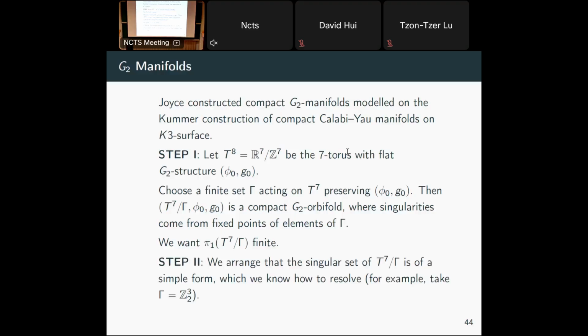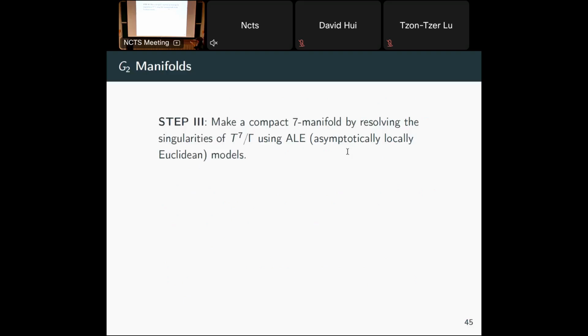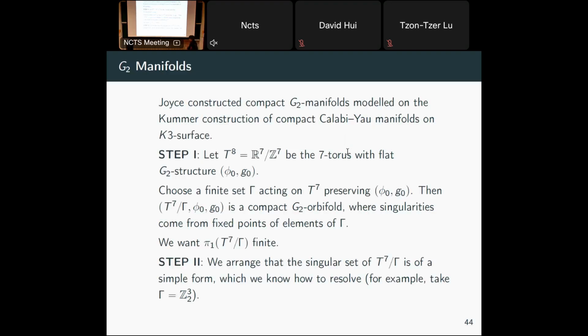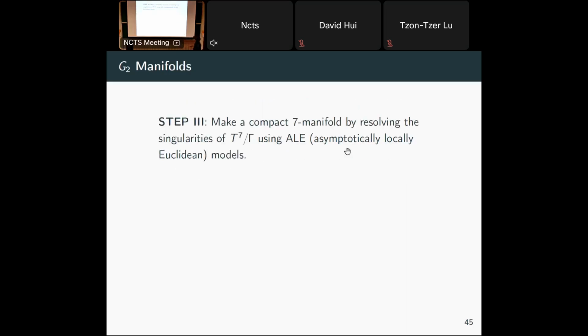So now you take this finite group gamma very carefully, because we want the fundamental group to be finite and we want the resolution to be crepant. It turns out simple examples work, like if you consider gamma to be Z2 cubed. Then to resolve the singularity, there are 4-dimensional hyperkähler manifolds called ALE spaces.